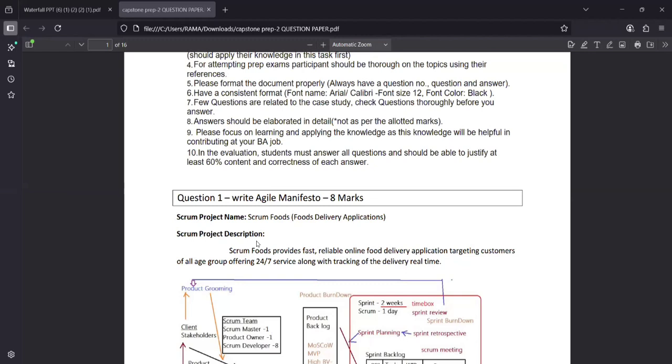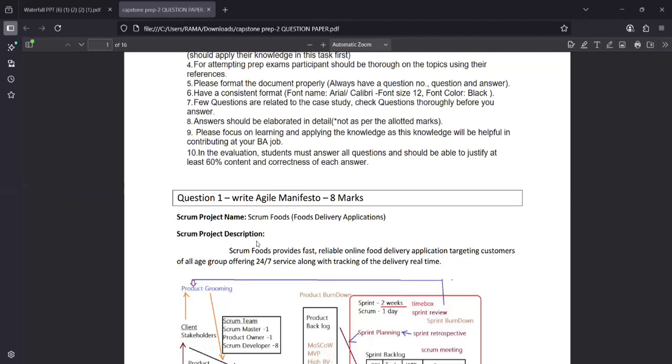So let us look into the agile manifesto. What is the agile manifesto? The agile manifesto is a set of guiding values and principles for software development. We have four main values and 12 principles. In the agile manifesto you need to write the four main values and 12 principles.